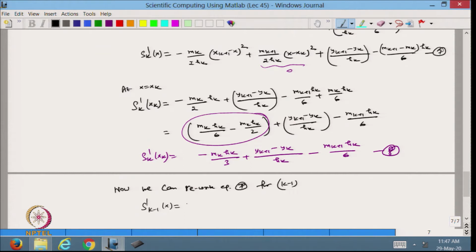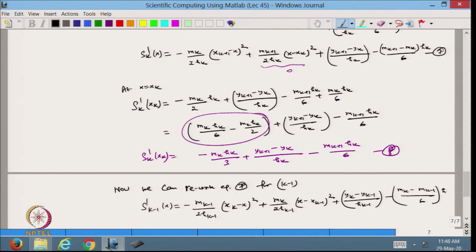This is equal to minus m k minus 1 by 2 h k minus 1 into (x k minus x) whole square plus m k by 2 h k minus 1 into (x minus x k minus 1) whole square plus y k minus 1 by h k minus 1 minus m k minus 1 by 6 into h k minus 1.